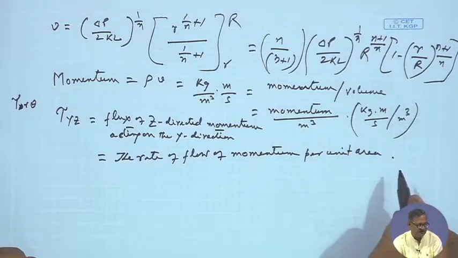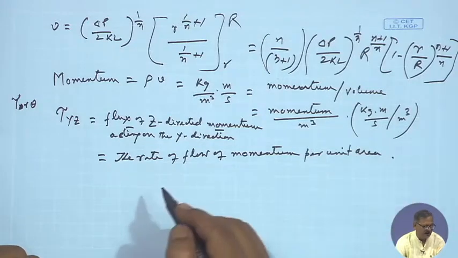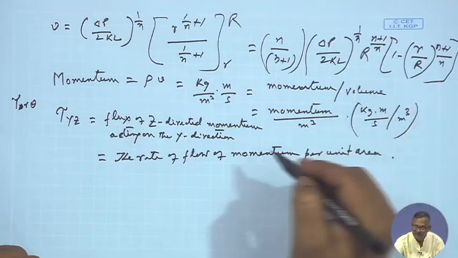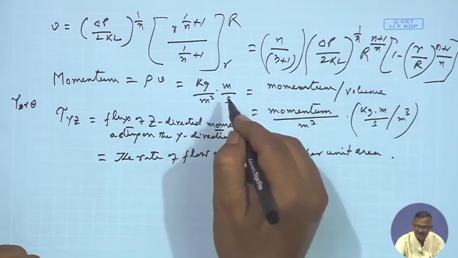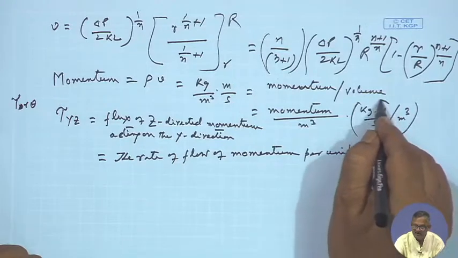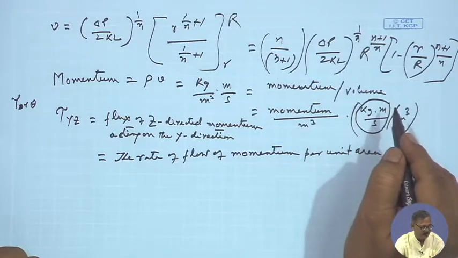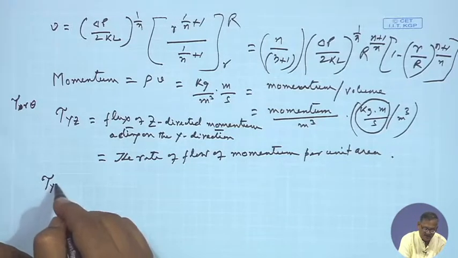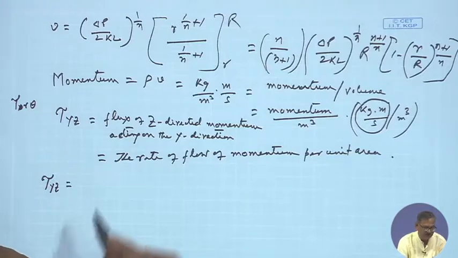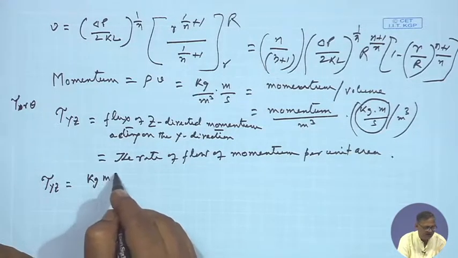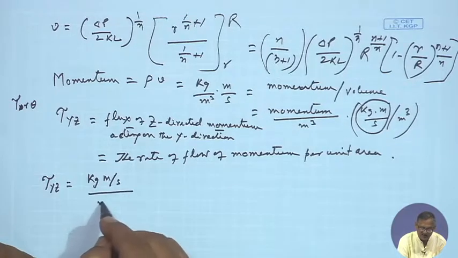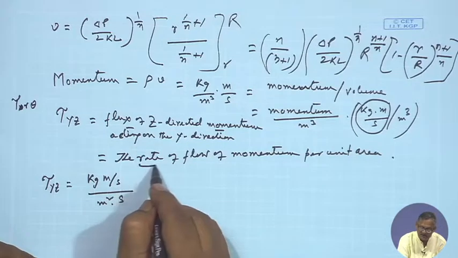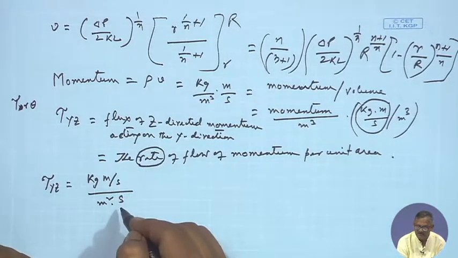The unit of momentum, obviously, we have said is kg meter per second, and shear stress, tau yz, can then be written as kg meter per second per meter square into second, right. The moment rate is there, that is per unit time.